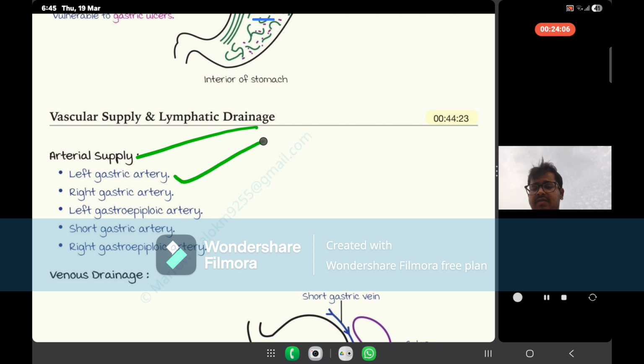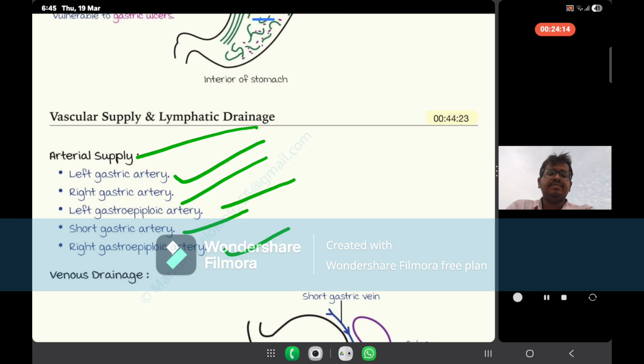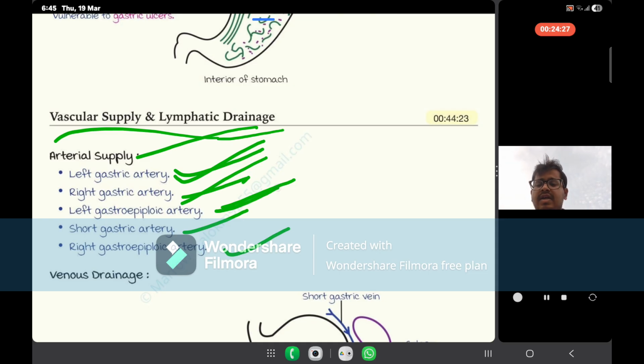In arterial supply, we have seen the left gastric artery, right gastric artery, left gastroepiploic artery, short gastric artery, and right gastroepiploic artery.